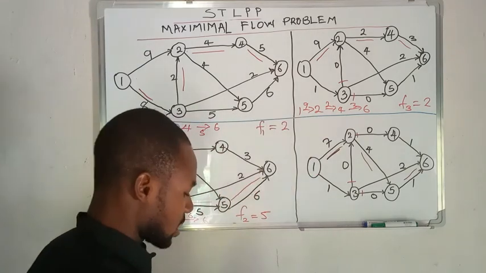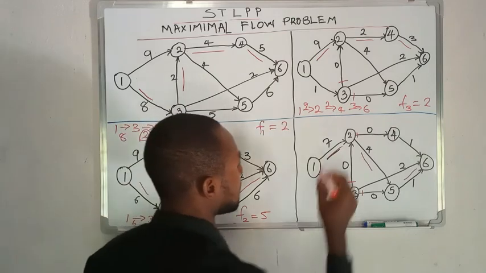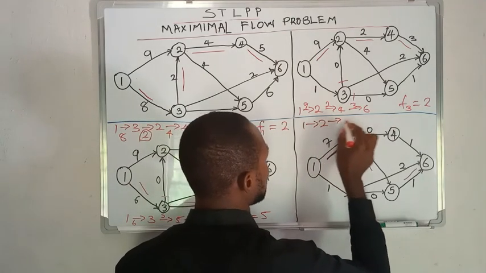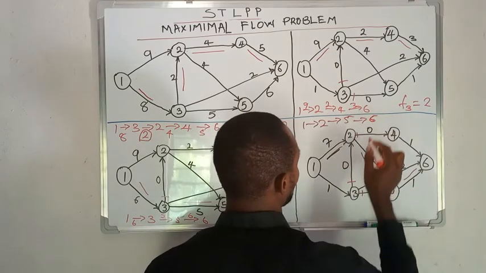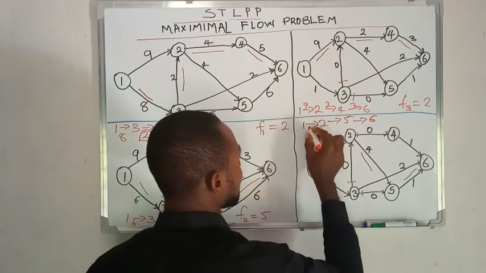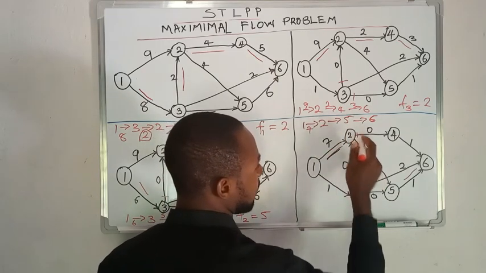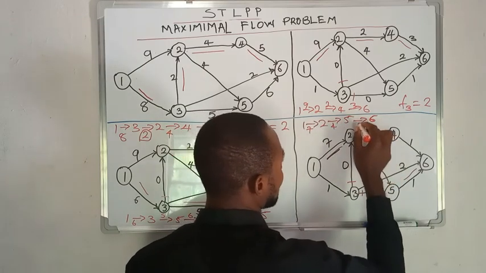So going through that route will give us from 1 to 2, from 2 to 5, and from 5 to 6. Sorry. So right here we'll have 7 as the capacity, and then from 2 to 5 we have 4, and right here we'll have 1.